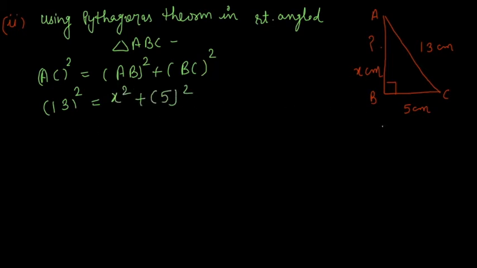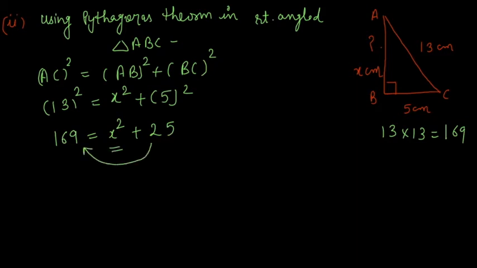13 into 13, if you calculate, it is how much? It gives you 169. So 169 is equal to x square plus 5 square, means 25. Now I have to calculate this x square. So I will make certain transitions. I will shift this 25 to the other side. So it gives me x square is equal to 169 minus 25.